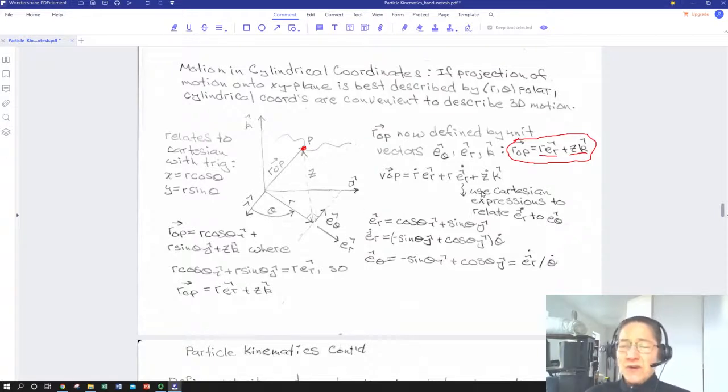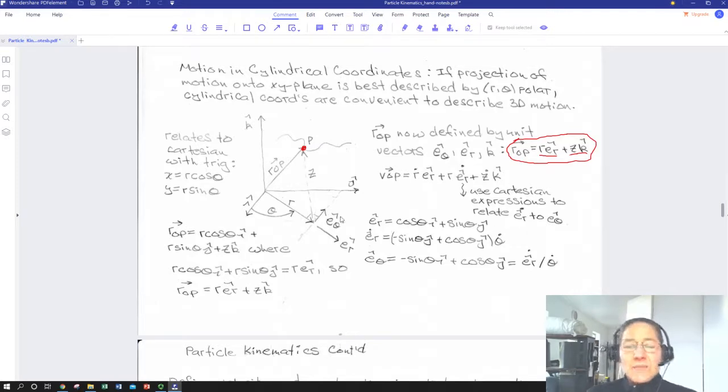As it turns out, we are actually going to use Cartesian expressions to relate the rate of change of the r hat unit vector to the direction of theta at any time.